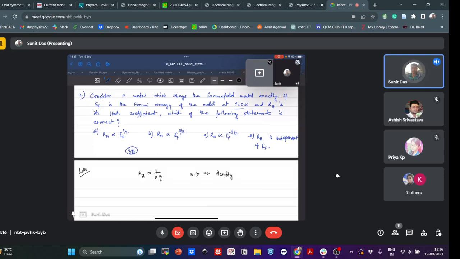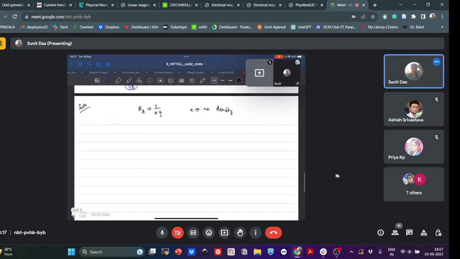This is a fairly easy problem. So n is the carrier concentration or the number density.